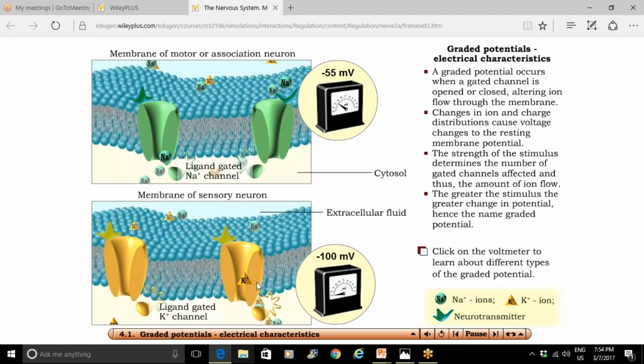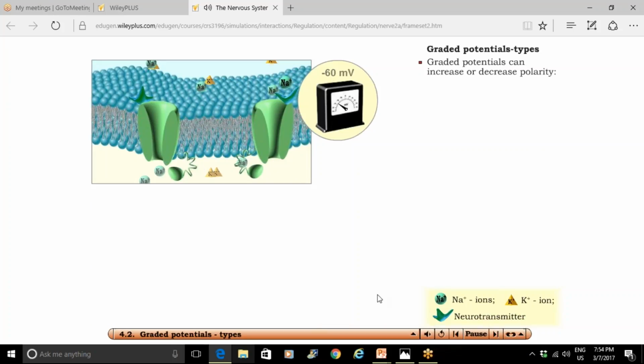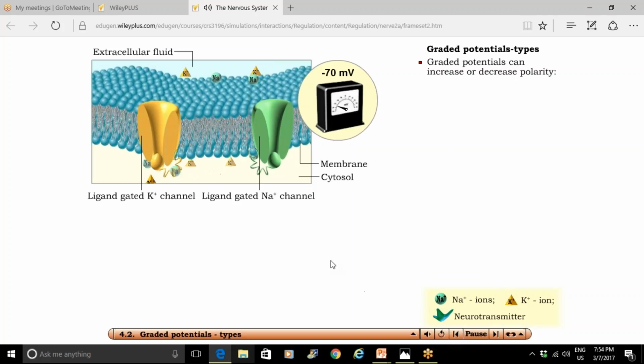Okay, so you have two ways to hyperpolarize. And we know it's sodium that gets let in to be able to get it to that minus 55. So that's the graded potential. Okay, so that's getting it to the minus 55.